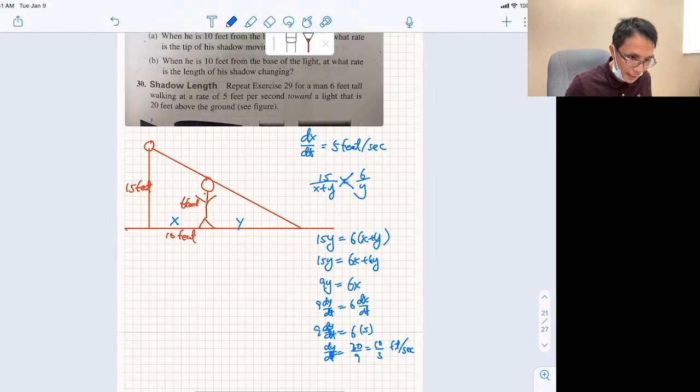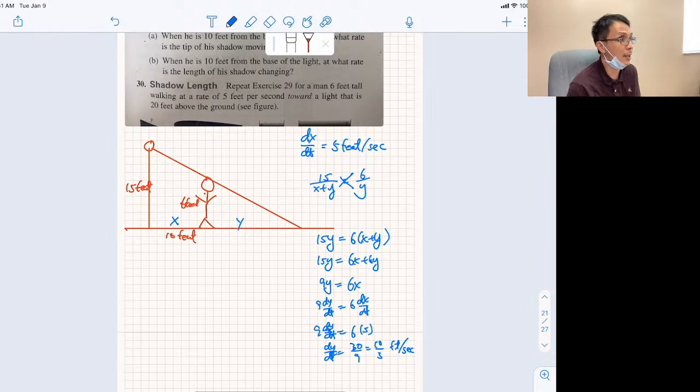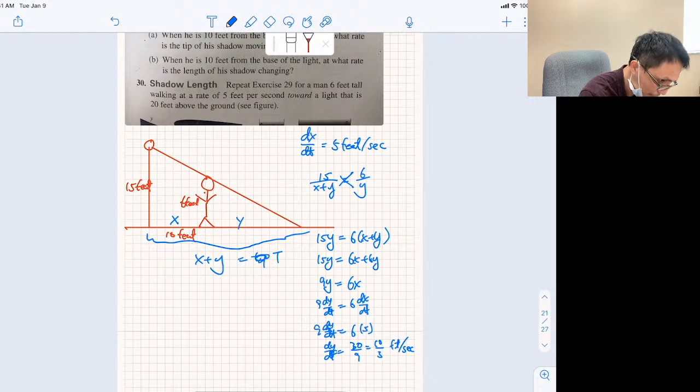So let's figure this out. I will probably lean on Paige's answer because I think she provided me something strong, and Joshua also provided a strong explanation. Let's see if that makes sense. How far the tip of the shadow is would be x plus y. Does that make sense? We're going to call this T for tip.